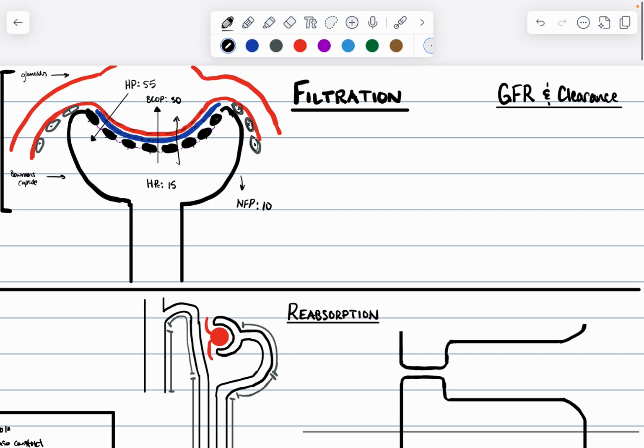I wasn't going to talk about this in this part, but it will work well. So the two types of regulation are our myogenic response. So this is how it kind of auto-regulates itself. There's a myogenic response.